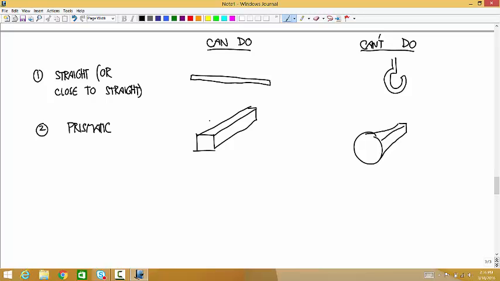The cross section has to stay the same the whole way down. The third one, maybe the one that comes up the most often, is the cross-section has to be symmetric about the vertical axis, or what for us is always going to be the y-axis.